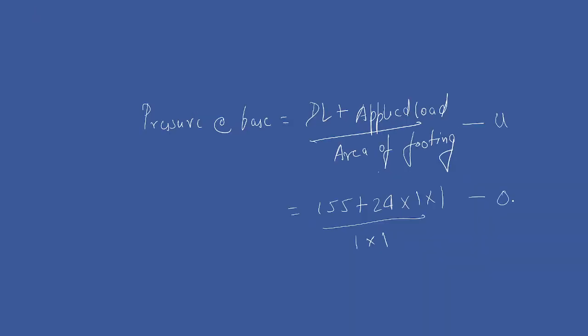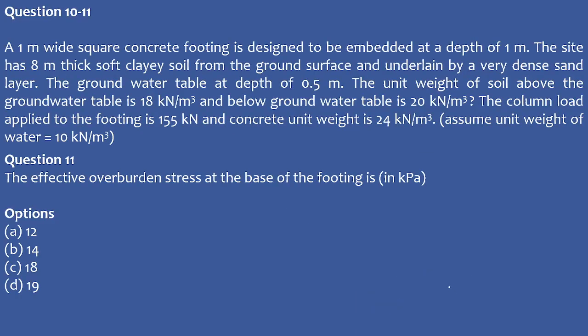So the applied buoyancy pressure is 0.5 into 10, if we consider the unit weight of water as 10 kilonewton per meter cube. So this is 155 plus 24, 179, minus 5, equals 174 kilonewton per meter square.